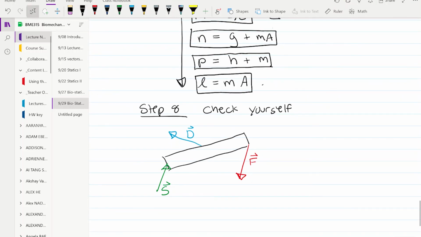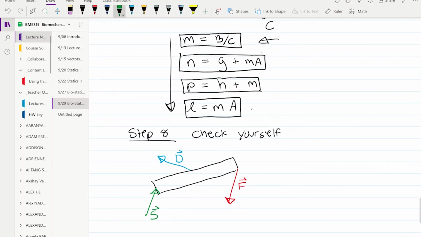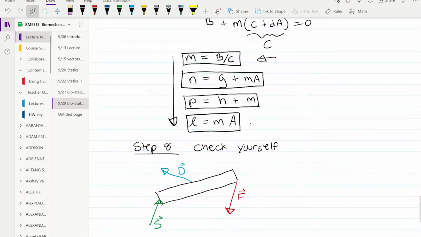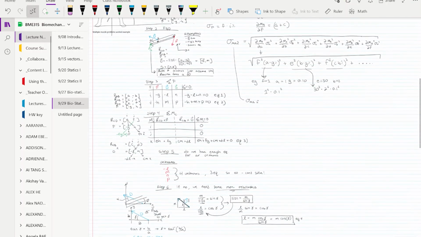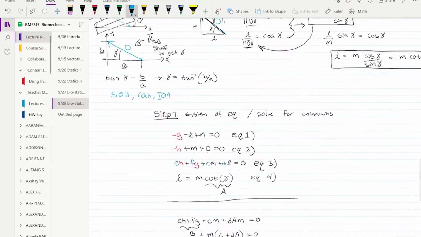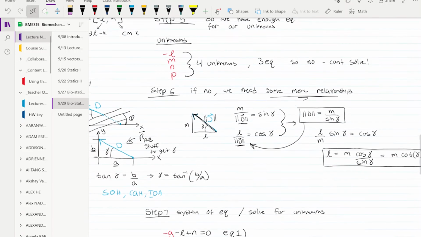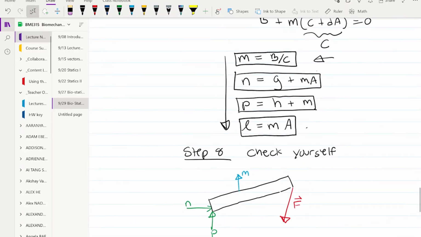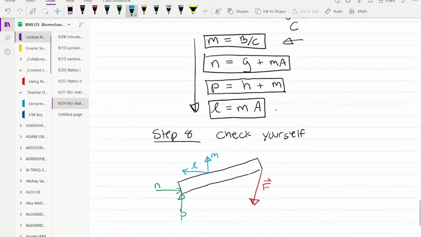And when you plug in the components here, the components M, N, P, L, right, so S was NP. And we have D. And M. L.